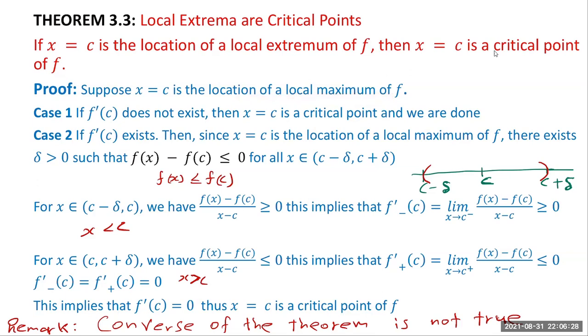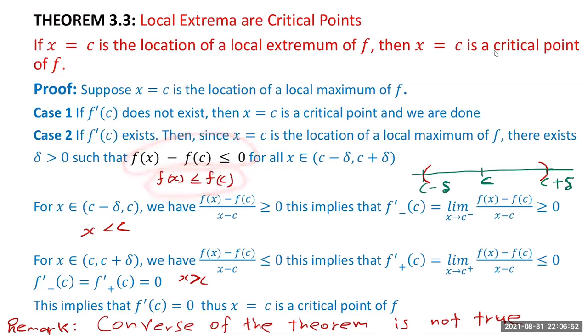So by the definition of local maximum, we should be able to find some delta greater than 0 such that f of x minus f of c is less than or equal to 0 for all x between c minus delta and c plus delta. That is the definition of a local maximum. Of course, the definition says f of x is less than or equal to f of c, but these two inequalities are the same.